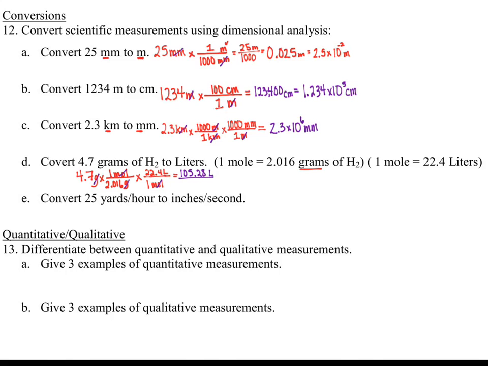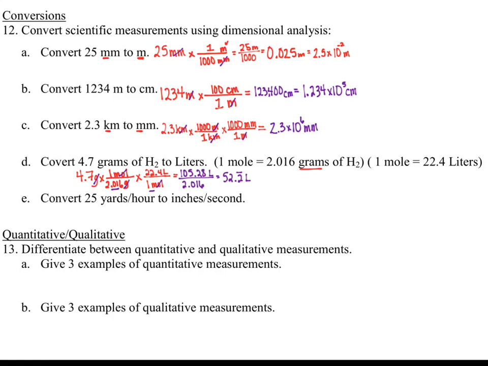And now let's look at my denominator. Well, I have 2.016 times 1, so my denominator is 2.016. So now I divide my 105.28 by 2.016 and end up with 52 with the repeating 2. Okay, so liters.